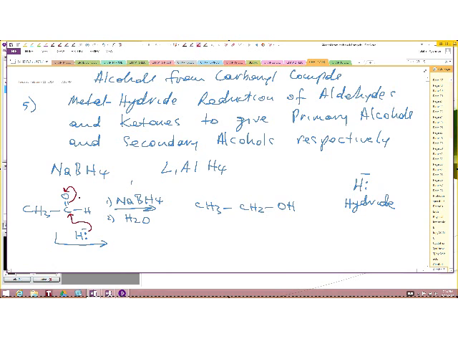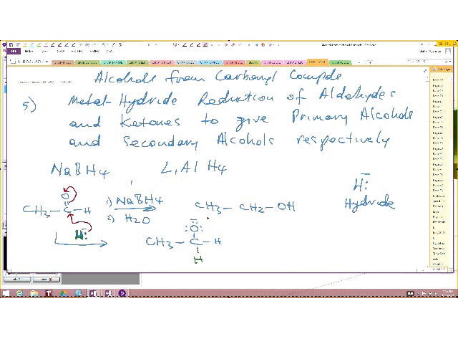Of course, the pi electron goes to oxygen, and then you get this. Let me change the color of this hydride here so we know. Let's make this green. So it is coming from here.